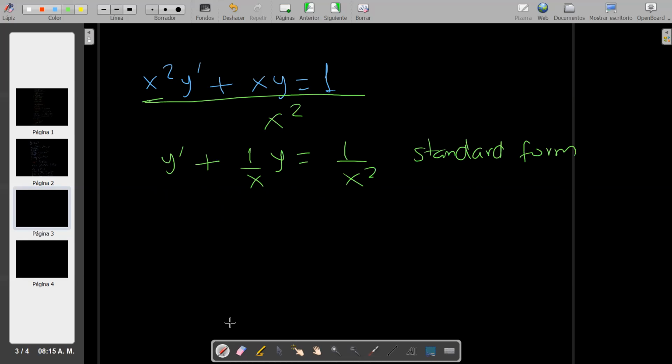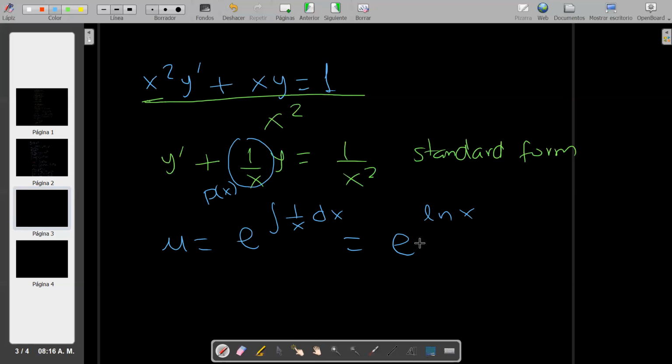Okay, now that we have the linear standard form, we can find the integrating factor, mu. Mu will be equal to e to the integral of the coefficient of y. This will be p of x. So we'll have the integral of 1 over x dx. And the integral of 1 over x is log of x.